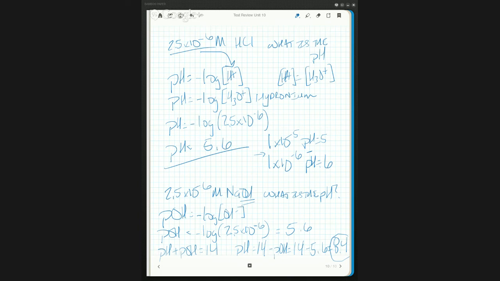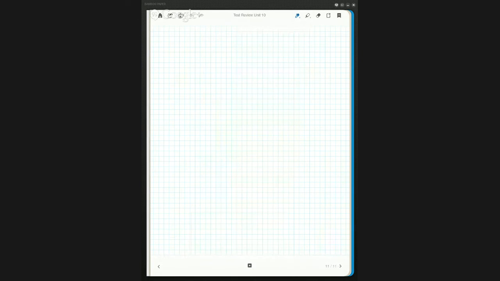The last part of this before I go on to the lab would be that quite a few people seem to struggle with this equation. H plus times OH minus equals 1 times 10 to the negative 14th.